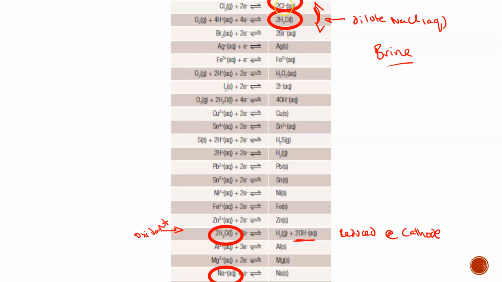We're going to get chloride ions reacting, and we will produce chlorine gas. So Cl- reacts in preference when it is highly concentrated. So we get 2Cl- going to Cl2 gas plus 2 electrons occurring at our anode.